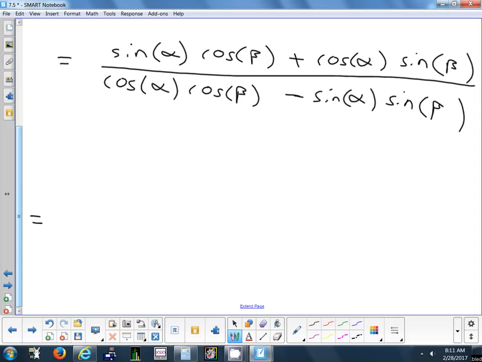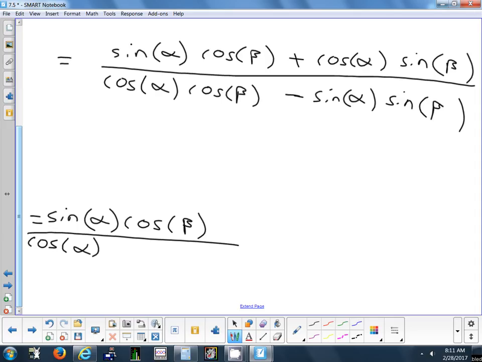I'm going to take the sine alpha cosine beta, pretend like that's the A, and we're going to divide that by everything that's in the bottom. So we'll put that entire thing: cosine alpha, cosine beta, minus sine alpha, sine beta.